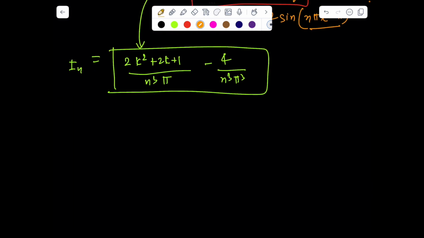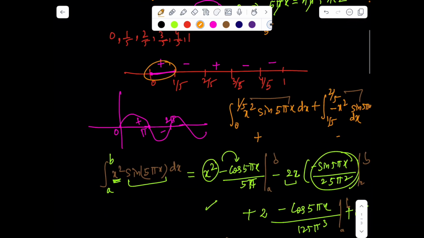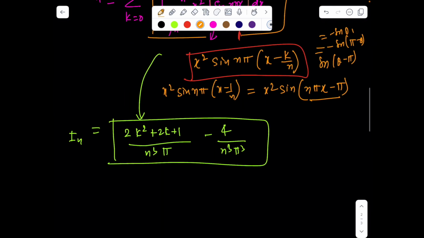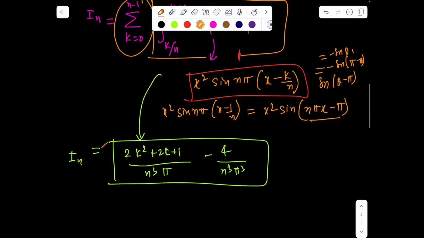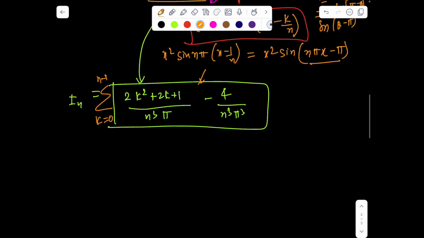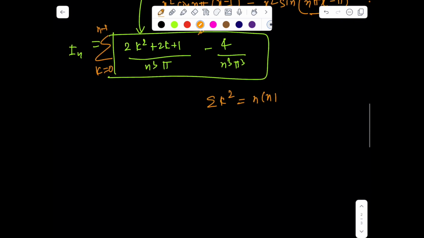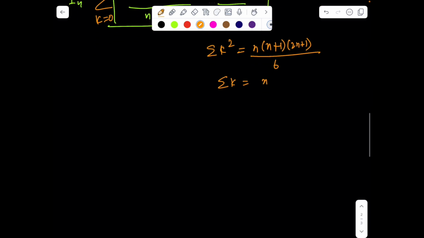Now we need the value of In at n equals infinity. So basically we have to use summation sigma k equals 0 to n minus 1. So In will be sigma k equals 0 to n minus 1, because this is just the result of integration by parts. Now we already know sigma k square is going to be n into n plus 1 into 2n plus 1 by 6, and sigma k summation is n into n plus 1 by 2.